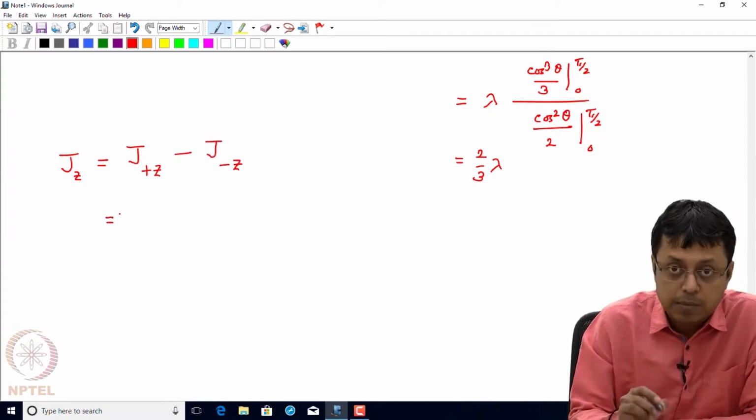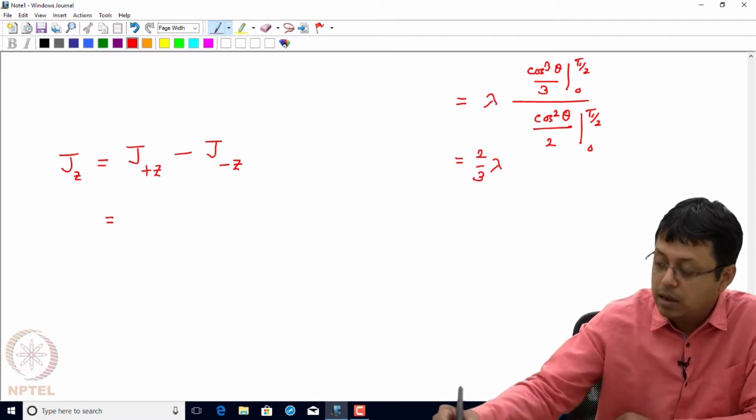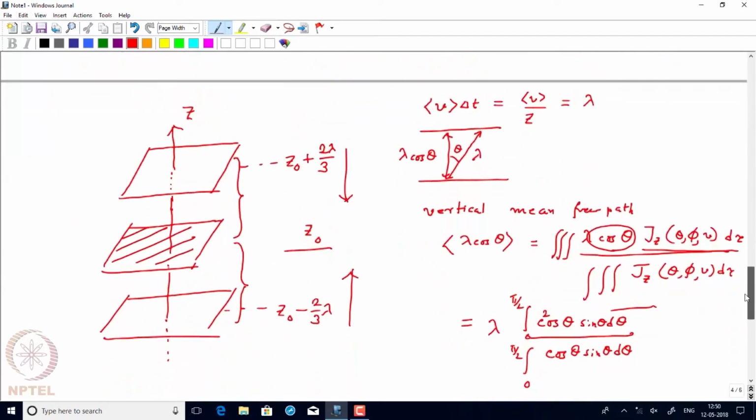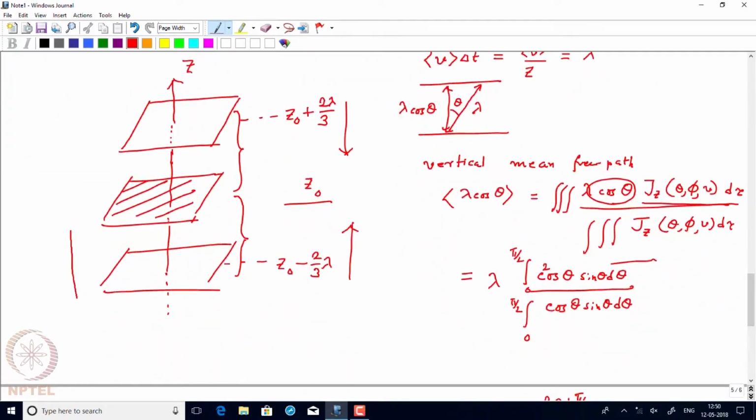Now remember that the positive flux which is going in the upward direction is coming from the lower layer. So these molecules are going upward from this layer. So if I call it, say, layer number 1, this is 2 and this is 3. So it is coming from layer number 3, and the downward flux is coming from layer number 2. So you have to be very careful.